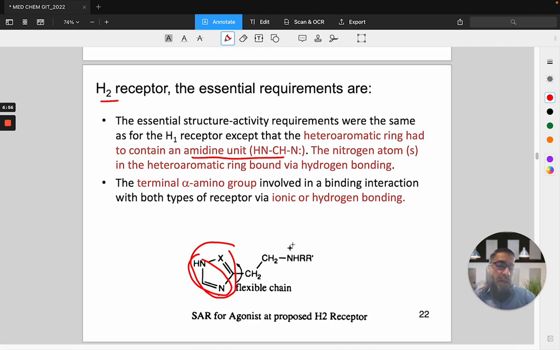And the second thing is the terminal alpha amino group, which is involved in binding interactions through both ionic and hydrogen bonding. So the requirements for H2 receptors are that it should have the amidine unit, and this nitrogen binds with the receptor through hydrogen bonding, and this terminal alpha amino group binds with the receptor via ionic or hydrogen bonding.